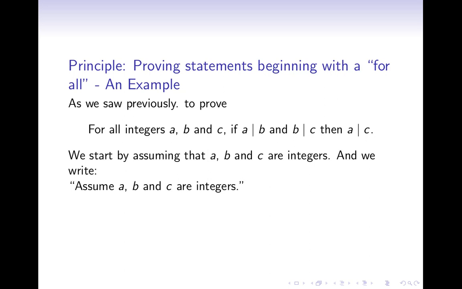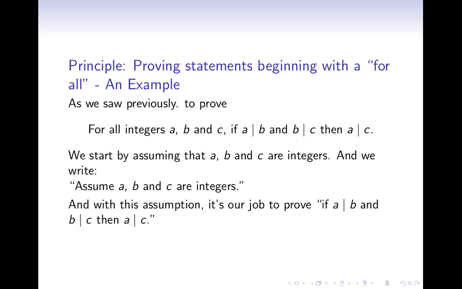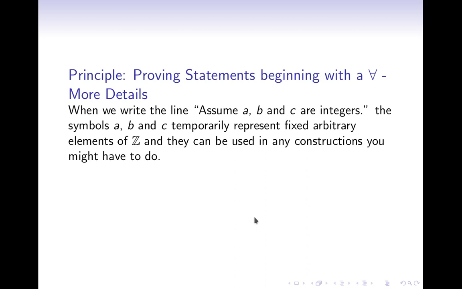And you do this by simply writing "assume a, b, and c are integers." This would be the first line of your proof. And then with this assumption, it would be our job to prove the if-then statement. So, a few more details.